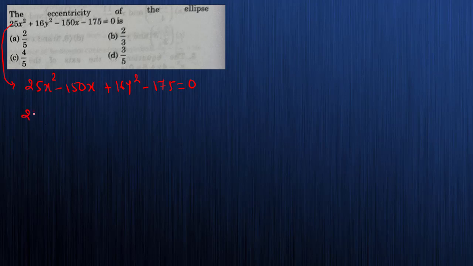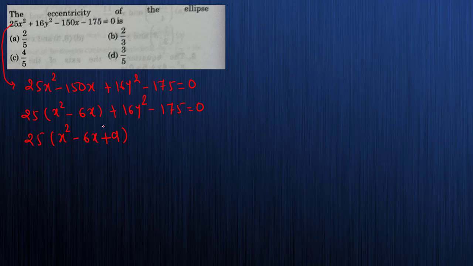So 25 into x square minus 6x plus 16y square minus 175 is equals to 0. So what you can add or subtract here? So 25 into x square minus 6x plus 9. See how I am getting is, it is actually a minus b whole square. It is 2 into a b. So 2 into 3.